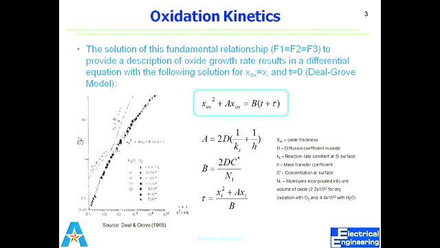Because here we are not ignoring tau, since it's equal to or less than. So if I ignore X oxide square, I will be left with X oxide equal to B over A, T plus tau, moving A to the other side. So this is the linear relationship, and this is parabolic.